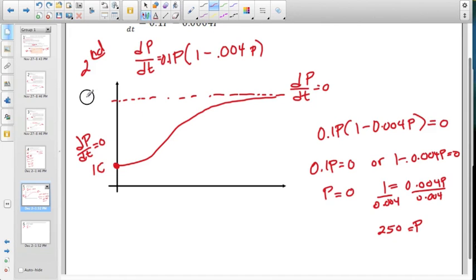So we know that this asymptote is up here at 250, and that this initial condition is still kind of out there. We don't really have too much information about the initial condition, but we know that we have a slope of 0 at this location as well.